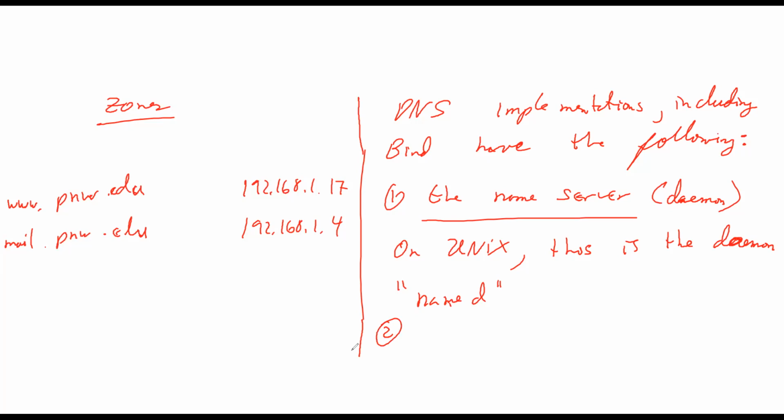And then the other part, obviously, if there's a daemon on the server, is what is called the resolver, which you can think of as the thing on the client.